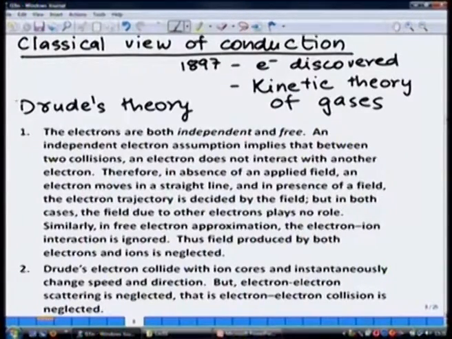So Drude was aware of the electron, and was aware of the kinetic theory of gases, but the structure of the atom was not known. This is what is beautiful about this theory, that Drude, who did not know the structure of the atom at the time, went on to make assumptions about the structure of a material, and based on that explained the conduction in metals.